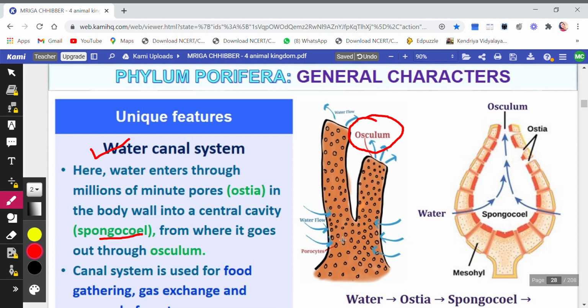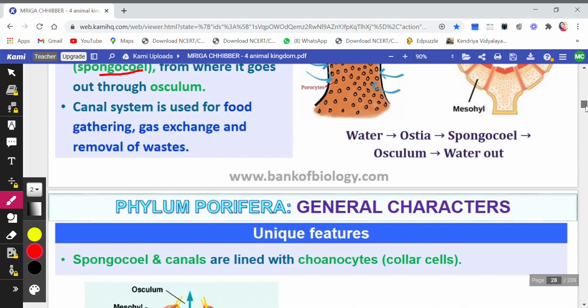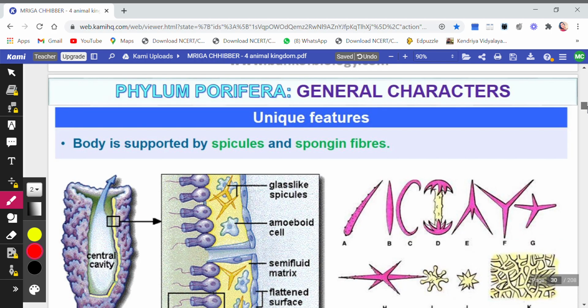The organism takes in the oxygen and gives out carbon dioxide to this water, and it also consumes the food brought by the water. It also gives its waste to the water, so that when the water moves out through the osculum, it removes all the waste products from the organism. So this is a very important, unique feature of this phylum Porifera.